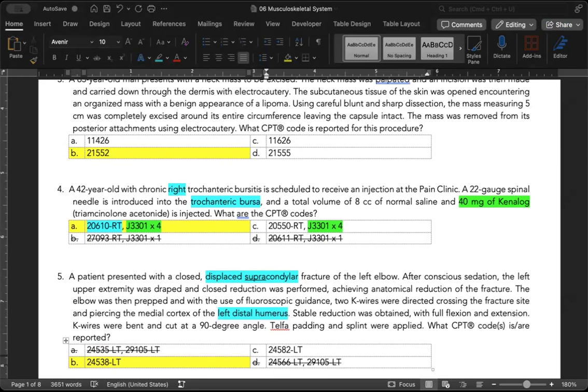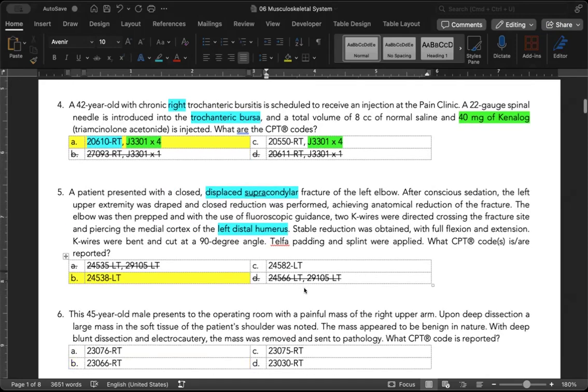I think it's the hip, but let me double check because I think I said hip earlier, and my brain is now second guessing myself. I had a note in my book that it was in the shoulder area. So I just want to make sure I didn't incorrectly write that. The trochanteric bursa is in the femur, so it's going to be in the hip. Oh, it's in the hip. Okay, so I need to correct that. Yep, it is the hip. Okay, all right. Thank you for that clarification. You're very welcome.